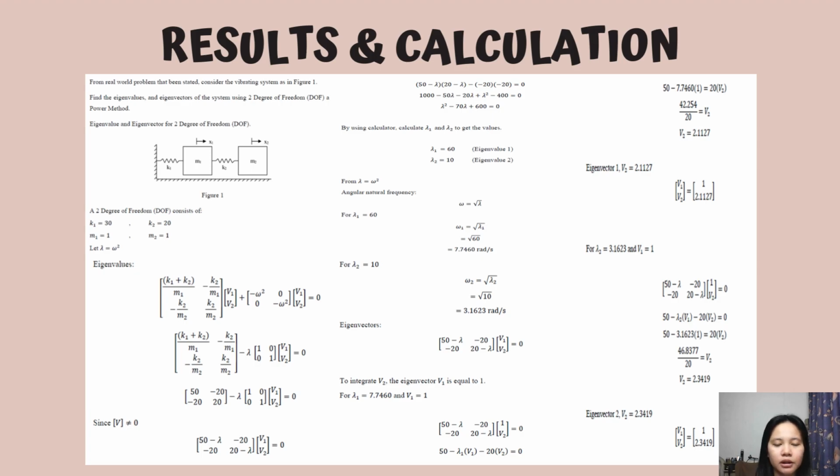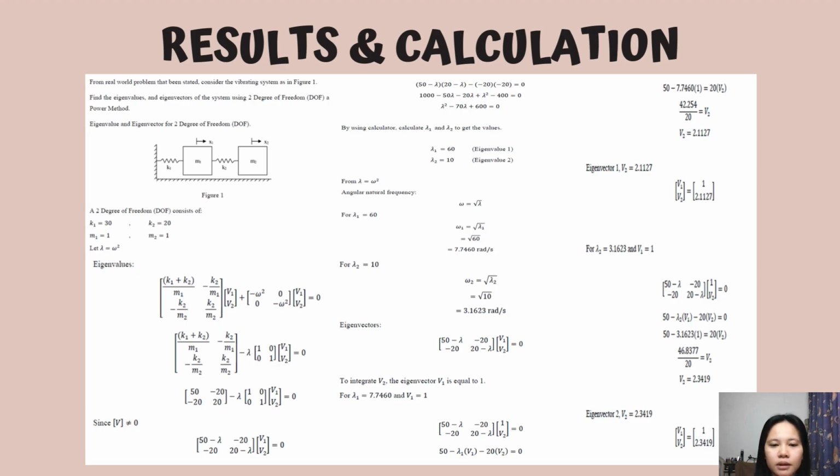Next, use the same matrix to get the value of the eigenvector. To get eigenvector 1, we use lambda 1, and to get eigenvector 2, we use lambda 2. Same method as for the eigenvalue, which is to expand the equation to get the value of V2.